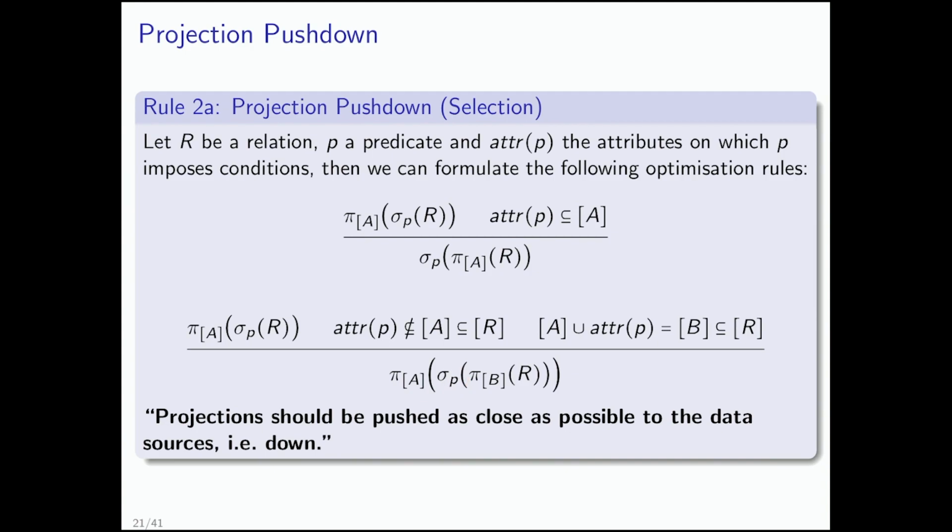And why would I do that? In a simple case, it's really helpful because you decrease the dimension of your data before you do your select. So essentially, you're reducing the number of tuples you have to inspect. What do you mean by dimension? Just fewer attributes. It makes the relation narrower.